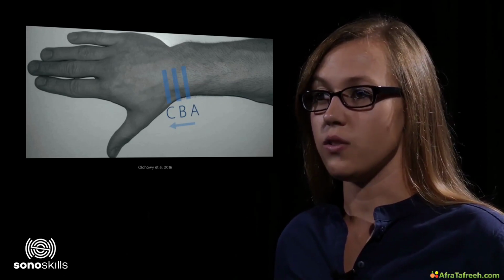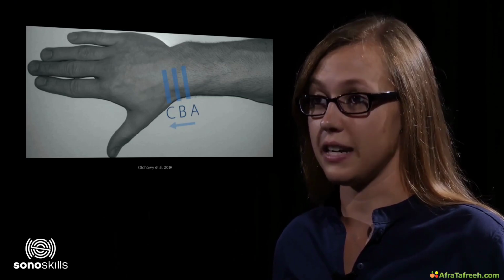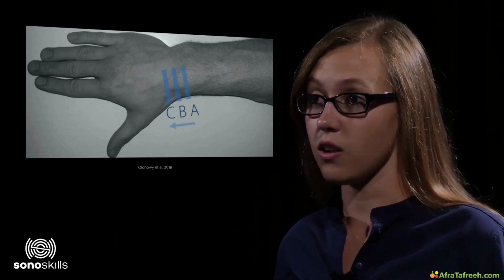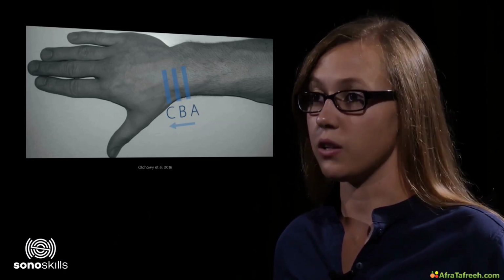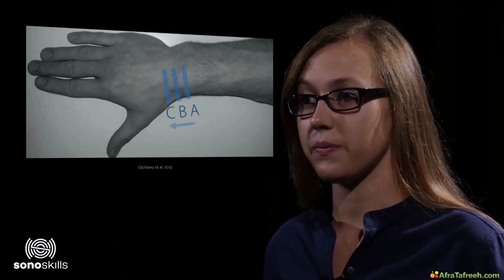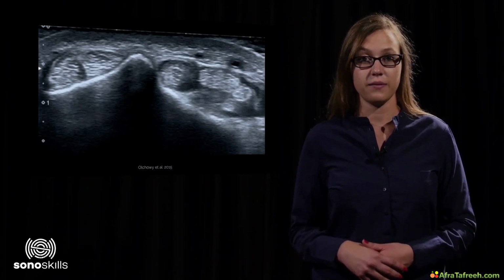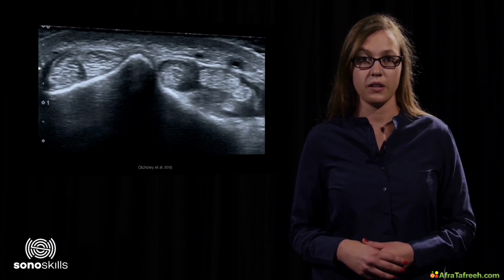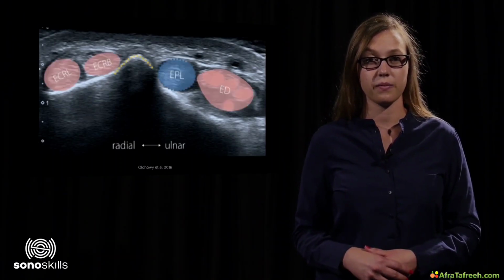B and C show the EPL tendon encroaching superficially from the tendons of the second compartment, the extensor carpi radialis brevis and longus, to the extensor digitorum communis tendon, which belongs to the fourth compartment. The EPL can be found on the ulnar side, on this image on the right side, of Lister's tubercle, here clearly visible in the middle of the image.